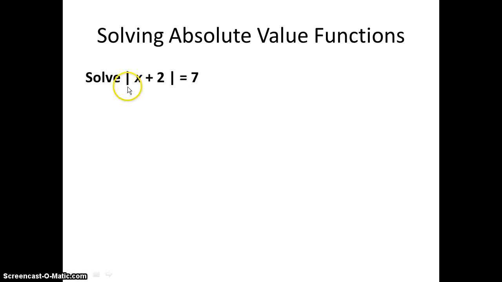Let's see another example. So this one, first step is to isolate. Is it isolated? Yes, it is. I have nothing adding, subtracting, multiplying, or dividing to it. So now we have to go ahead and split our absolute value. So again, go ahead and do your tree. I have x plus 2 equals 7. And I have x plus 2 equals what?